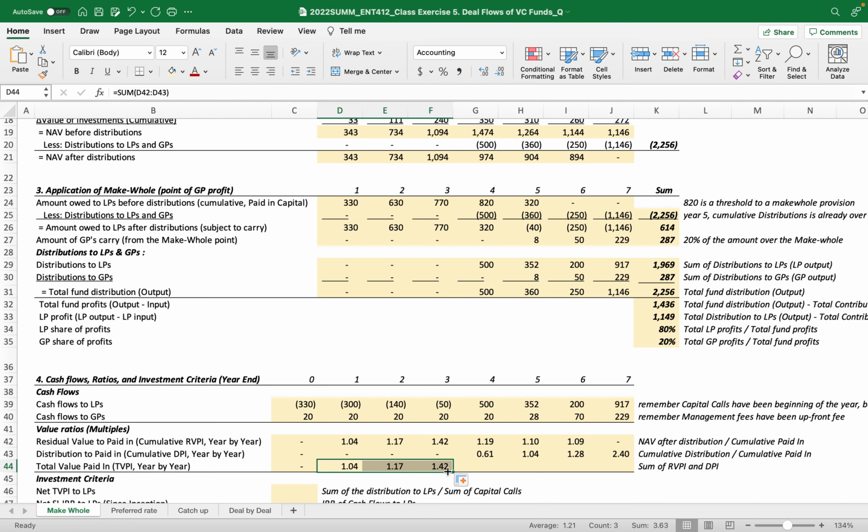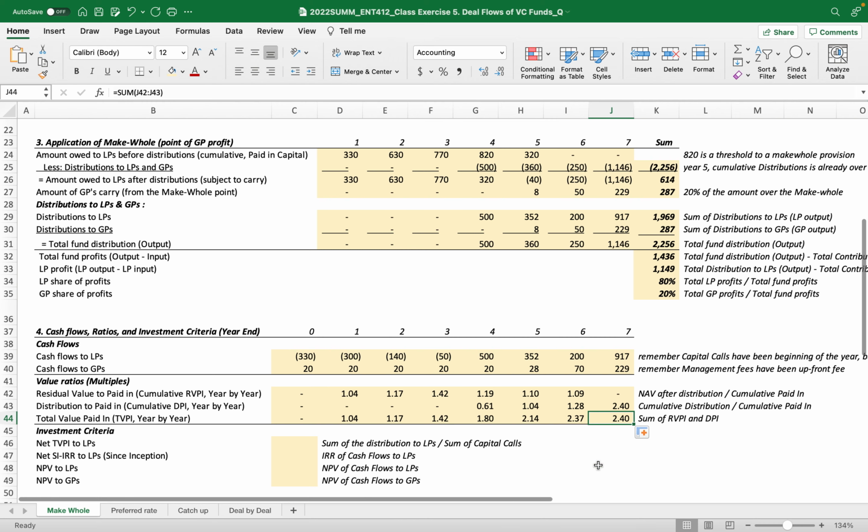That means now, compared to the total paid in, the value of the fund is greater than, right, the capital cost, the sum of capital cost. Then every year is increased by the profit generation, and then total paid in ends up at 2.4 times the capital cost, right?